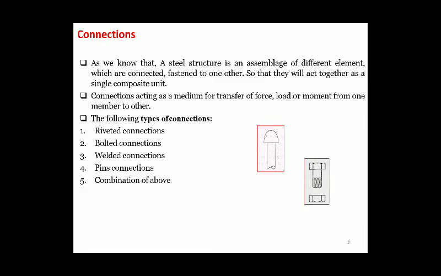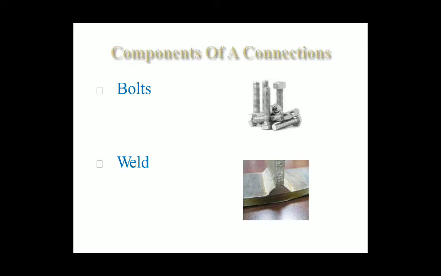Next, what are the components of connections? Components of connections means the things we use for connecting the different members. According to the type of connection, the components are different. If you are using a bolted connection, then you are going to use bolts. If the type of connection is a welded connection, then you are using weld.